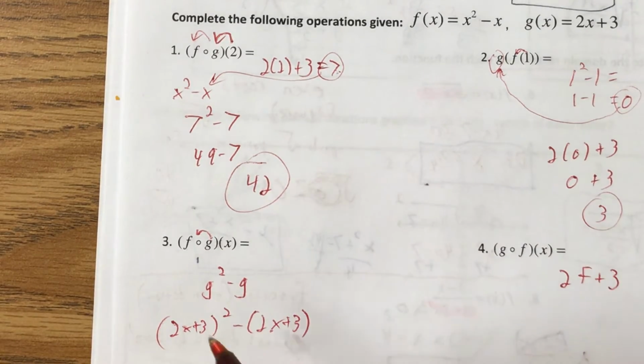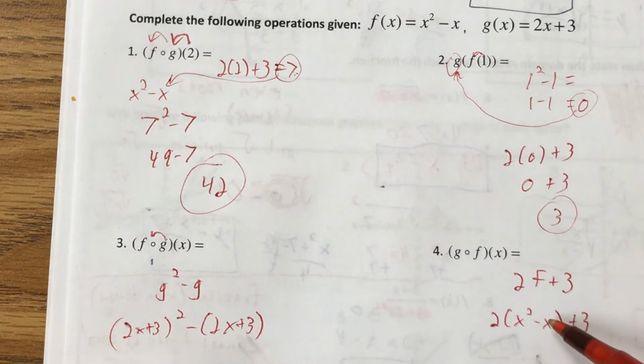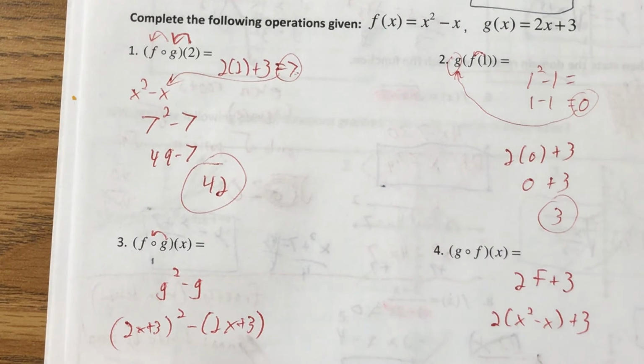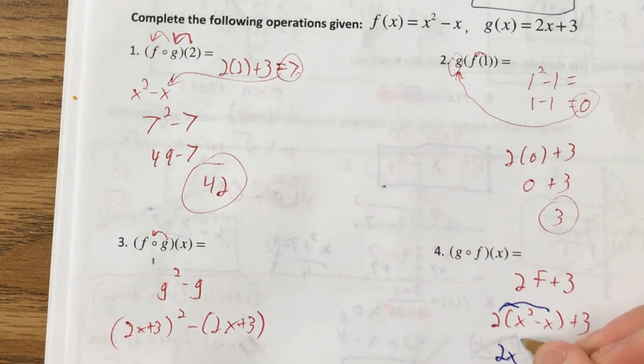And this is a pain to simplify. This one, not as much. f is just x squared minus x plus 3. So this one involves distributing and combining like terms, which there actually won't be any like terms, so never mind. We'll do that first because it's less annoying than the other one.